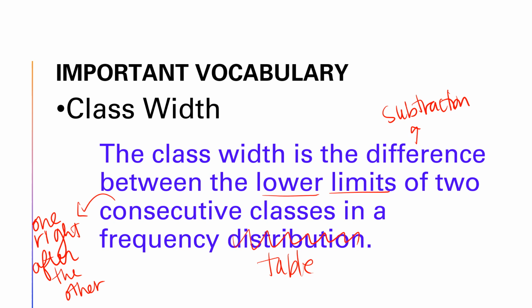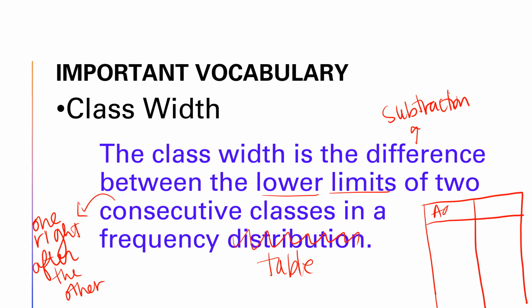Two consecutive means one right after the other. This is specifically referring to those frequency tables like we saw a minute ago, like with the ages, when you have a range of values.